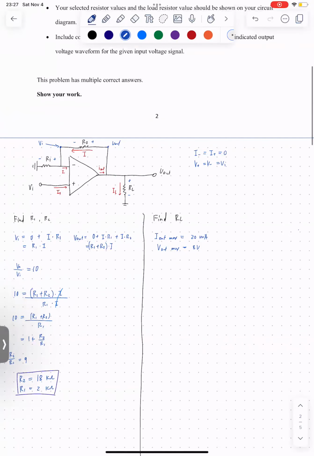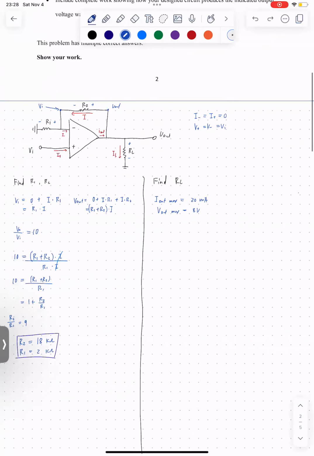Same thing if we are at a minimum of negative 20 milliamps, that will create the negative 8 for V out max. But since they're both the same thing and resistance is a constant, it would just flip the sign, so we wouldn't really have to consider the negative case.